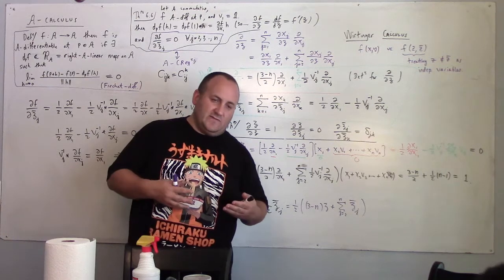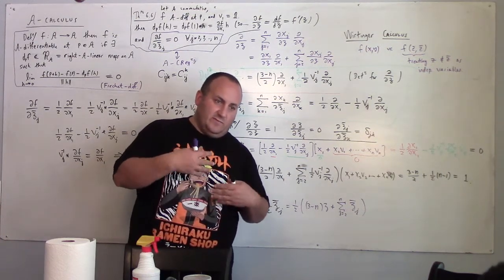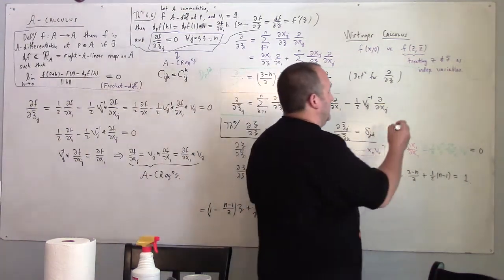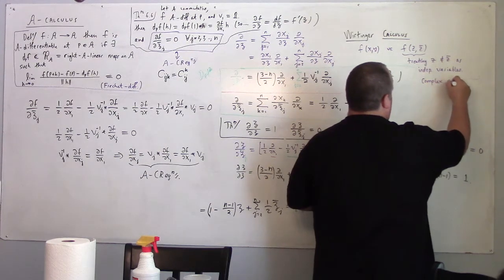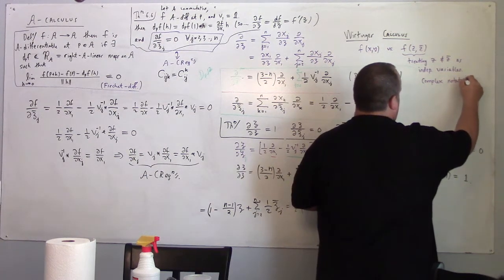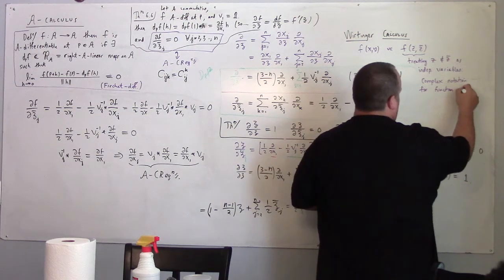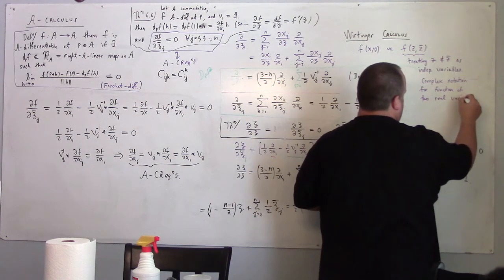It's a complex notation for having a function of 2 real variables. That's what it really is. It's a complex notation for a function of 2 real variables.